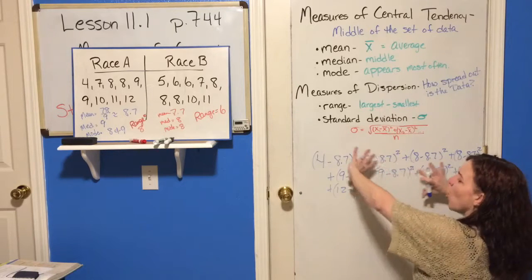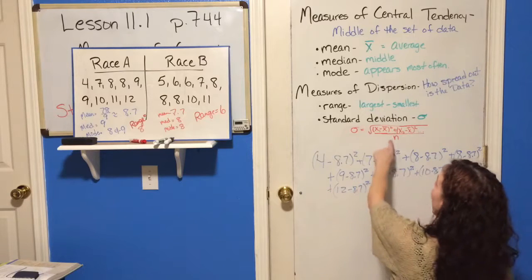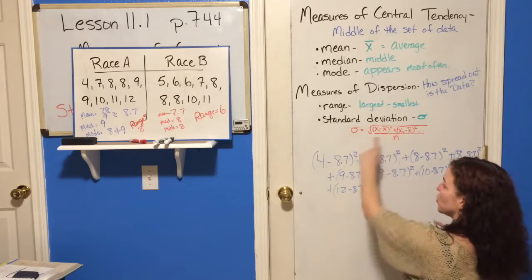You're going to take that whole total and then divide it by the number of numbers, which is your 9.